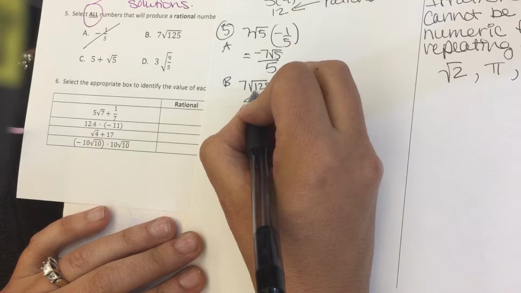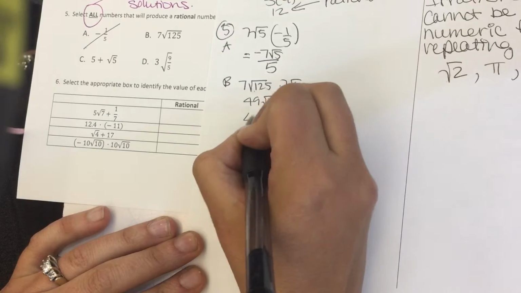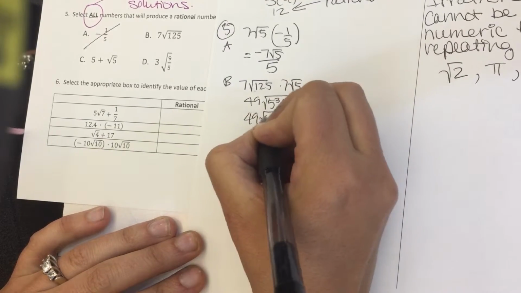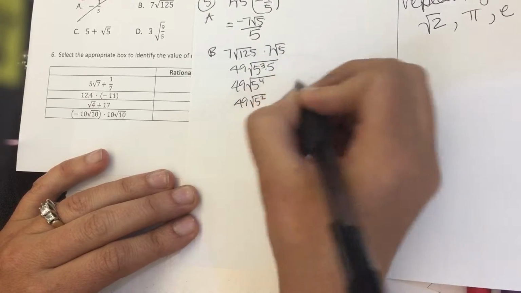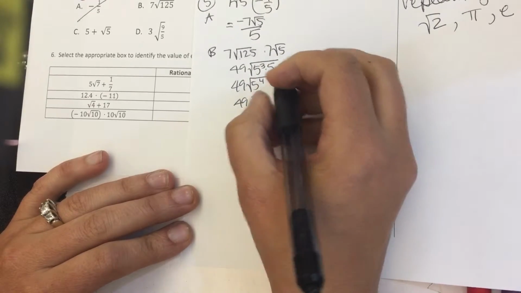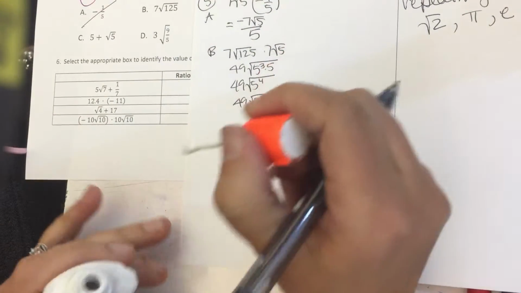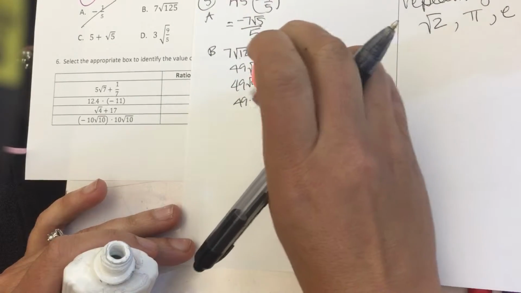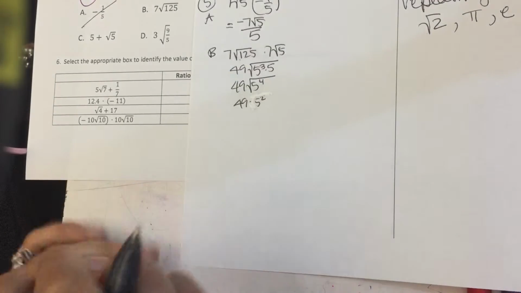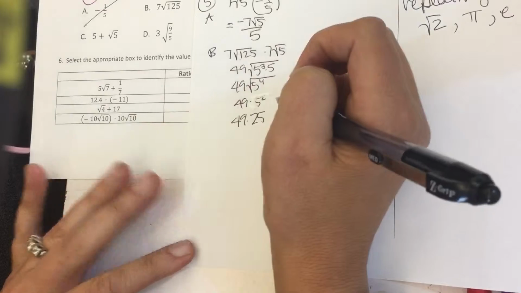This is 5 to the 3rd, and then that's 5 to the 3rd times 5, so that would be 5 to the 4th, and if I square root that, I'd get 49 times 5 squared. It's not inside a radical anymore. So that'd be 49 times 25, which is going to be rational. Okay, so that one will work.